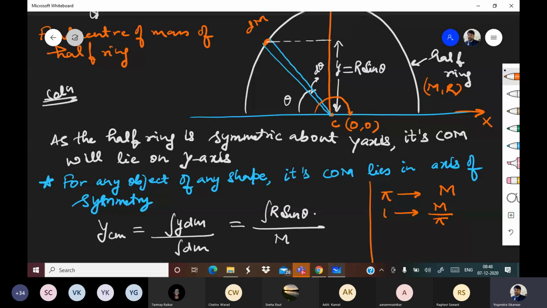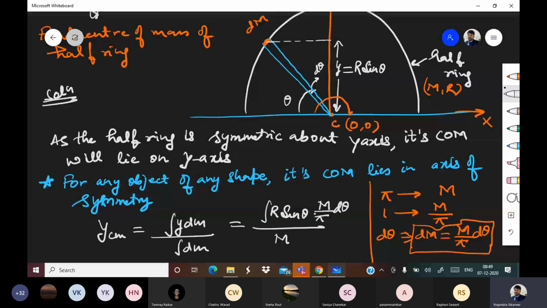So for d theta angle, dm is equal to mass per unit angle into angle. So dm will be M upon pi d theta.